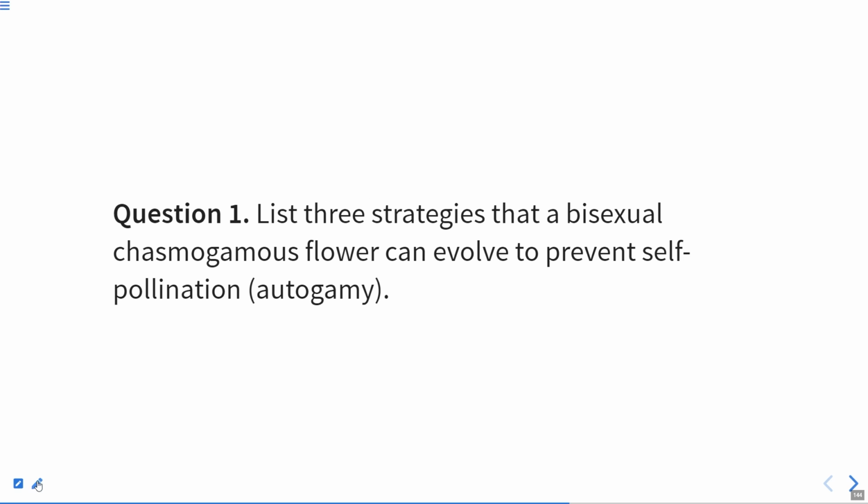Here you have to list 3 strategies that a bisexual chasmogamous flower can evolve to prevent self-pollination. Bisexual flowers are those flowers which contain both the male and the female reproductive structures, meaning they contain the stamens as well as the pistil.